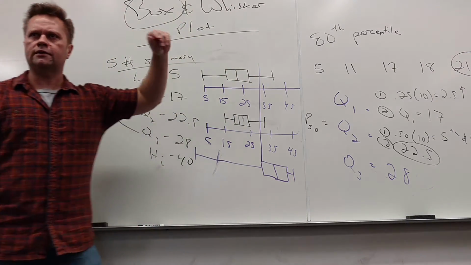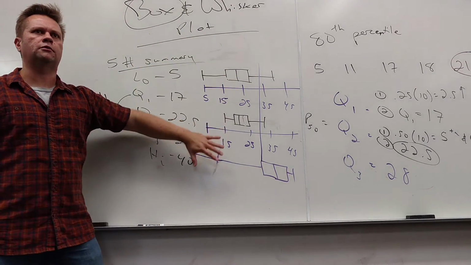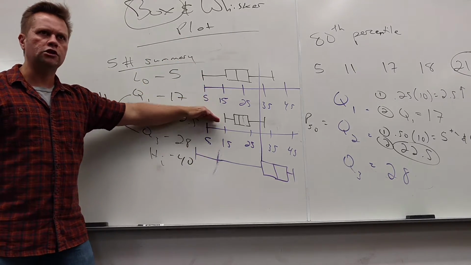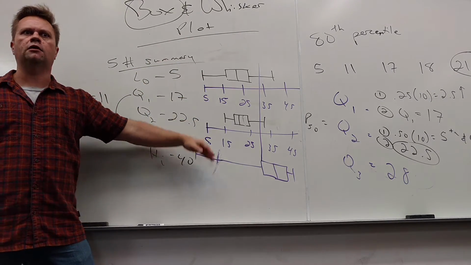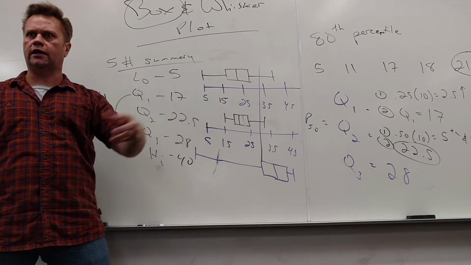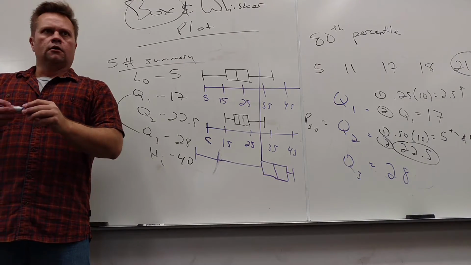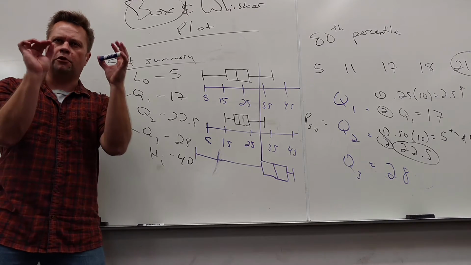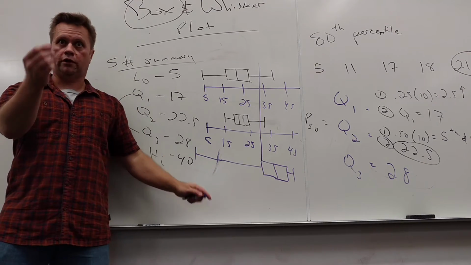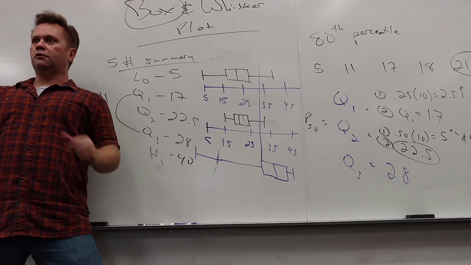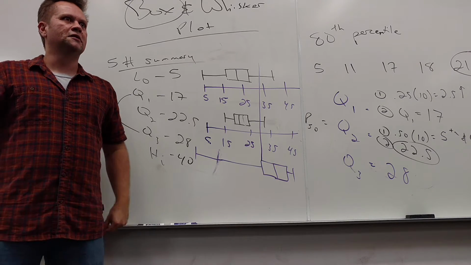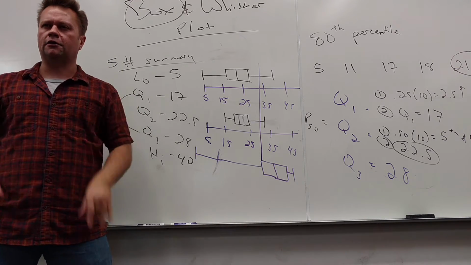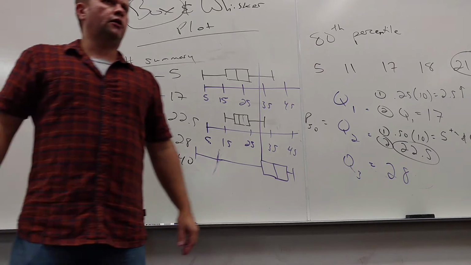So my point is, this is exactly the point of the first parts of chapter 2: quick visualizations of data so you can make comparisons between different data groups. This is not good enough for some things, though. I want to get more detail, so that's when we're going to start doing the real calculations and formulas of statistics. You're all like, why?